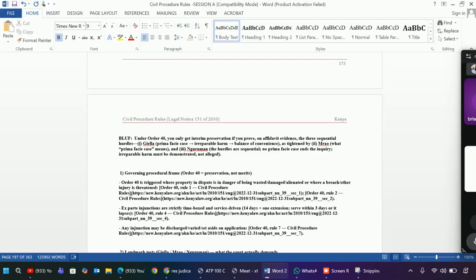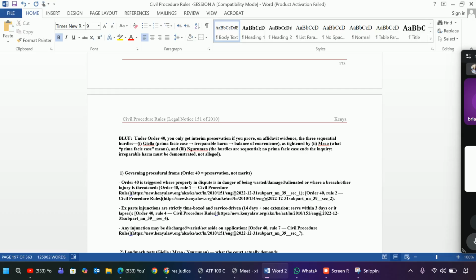We have the Giella decision, the landmark decision, that provided for prima facie case, irreparable harm, and balance of convenience. This was tightened by the Mrao decision that described what amounts to a prima facie case, and the Nguruman decision provides that the hurdles are sequential.